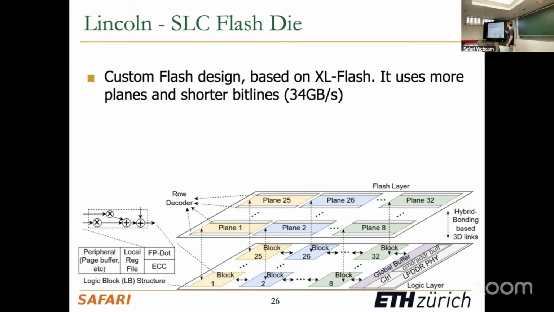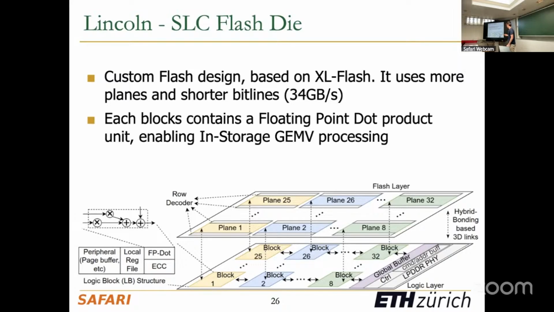One die can achieve 34 gigabytes per second. Also, on the logic side, we have the FP dot product, and this enables calculating general matrix vector multiplication directly on the logic layer.